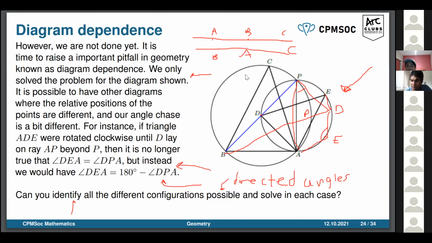A brief explanation is that with directed angles you take into account whether the angle is going clockwise or anti-clockwise. So angles can also be negative in directed angles, and this allows handling all the cases at once.